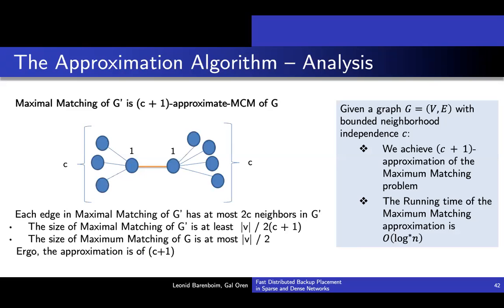As the size of the maximum matching of G is at most |V| divided by 2, we get an approximation of C plus 1.